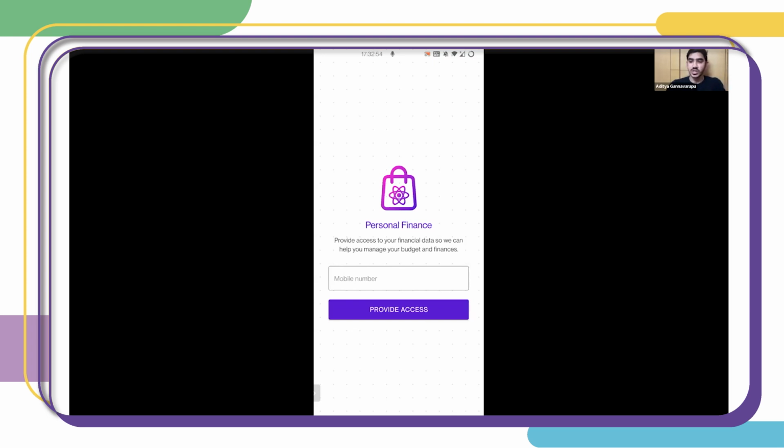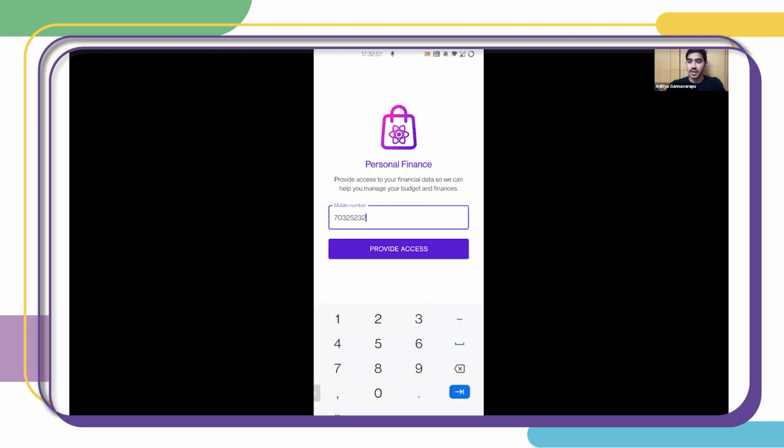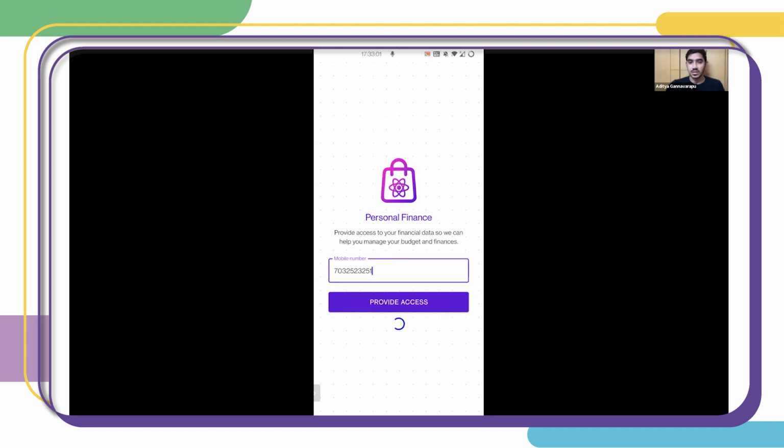So the journey starts with me entering my mobile number, and I click on provide access, which is basically me saying that I am okay to give my financial data to this app, Personal Finance, so that they can fetch my data.